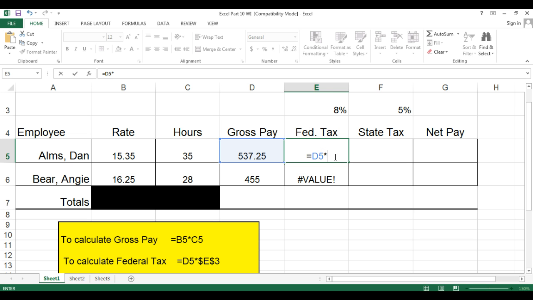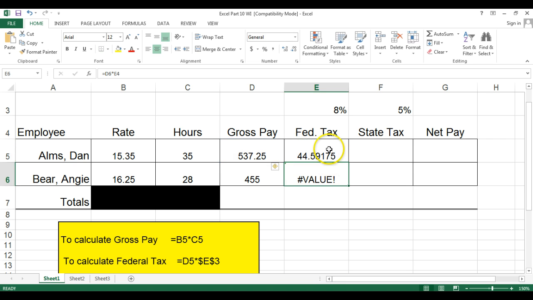We need to put dollar sign E for column E, because we're freezing something in that column, and then you'll notice that this 8% is in row 3, so we need to do dollar sign 3. Once you do this, you should have some kind of line around it. Mine's red, yours might be red too. That lets you know you have just selected E3 to be frozen.